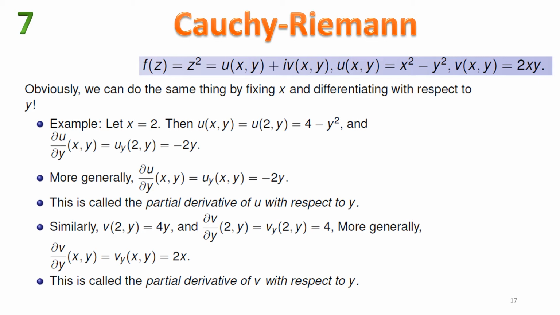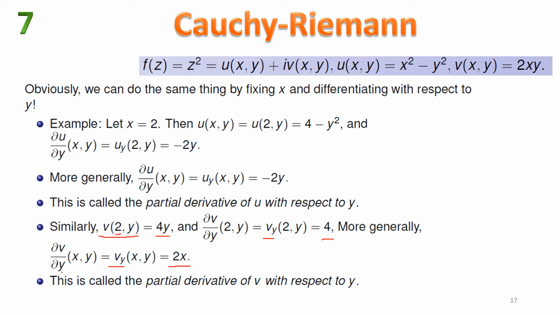Similarly, I am extending the same idea to v, which is a function of x,y, and I am replacing x by 2. So v of 2,y is equal to 4y, and v suffix y, sorry, del v by del y, is equal to 4, for which the more general notation is del v by del y, which is v suffix y, that is equal to 2x.